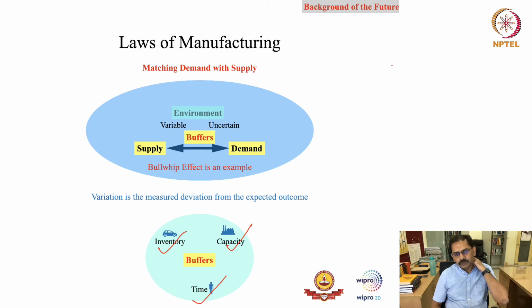Now, when I say some kind of a buffer, it means that the ideal scenario would be when a passenger comes in, the counter is immediately available, right? But normally that does not happen, right? Because most of the time the passenger arrival will be highly random, right? And even the service time at those counters will also be random, right?